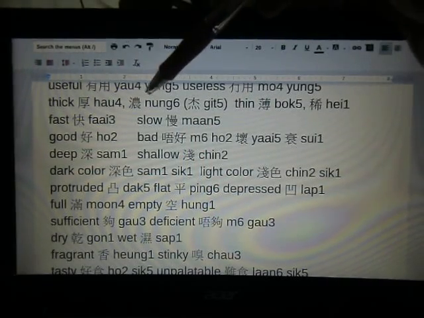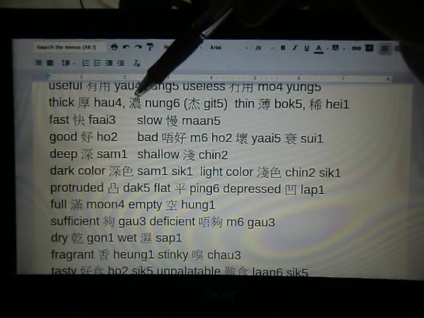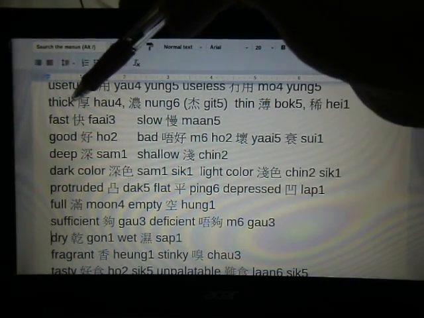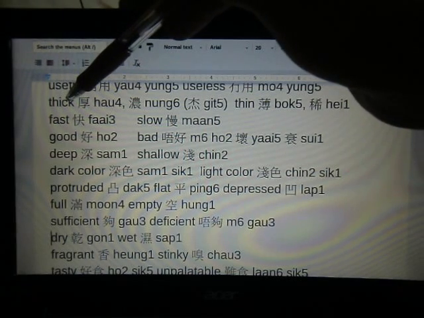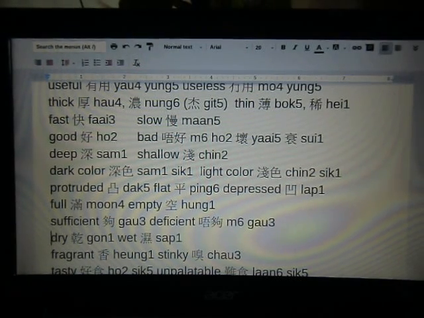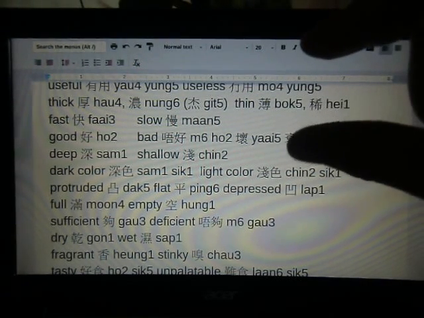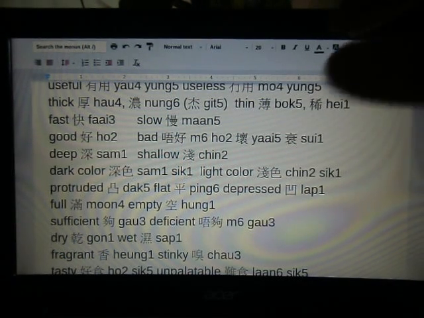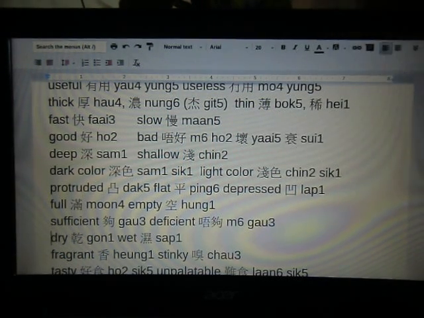And 厚 for thick. Well, thick actually has two meanings in English. Thick can mean very thick in terms of the measurement of thickness. Or thick can also mean, for example, when you say a soup is very thick.